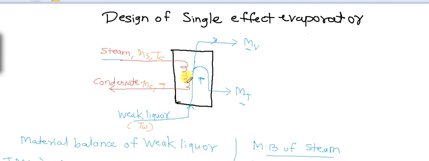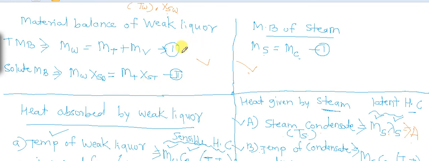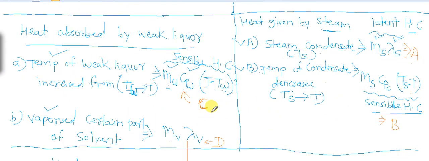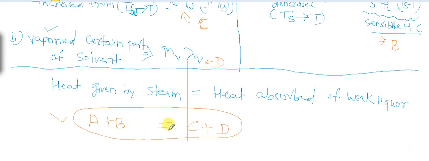Okay, and some part of this weak liquor gets vaporized, that is the mass flow rate of vapor, and some part you get as outlet thick liquor, that is MT. Here XSW means fraction of solute in weak liquor, and XST means fraction of solute in thick liquor. So with the help of this equation and this block diagram, you can write down these two equations concerned to the weak liquor, and this one equation concerned to the steam. Then we have the energy balance equation, and then we have the design equation.